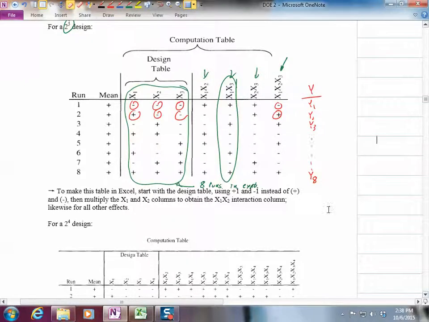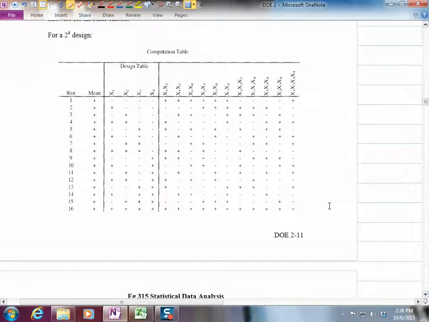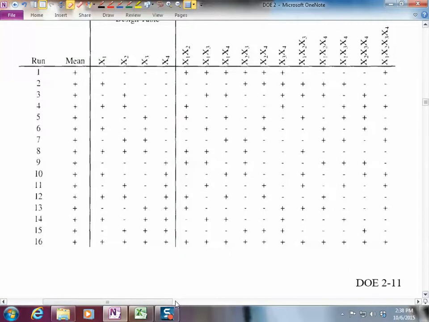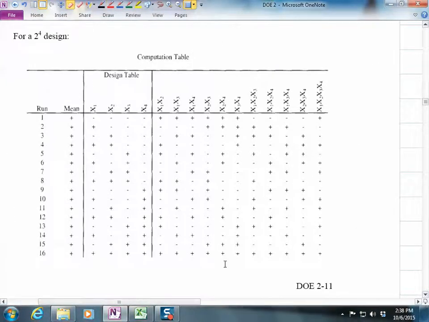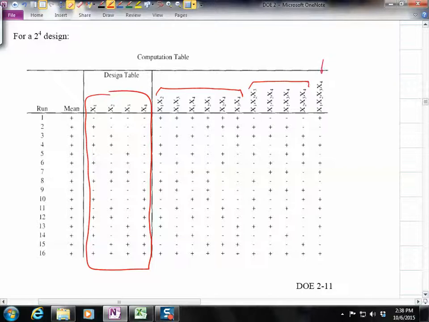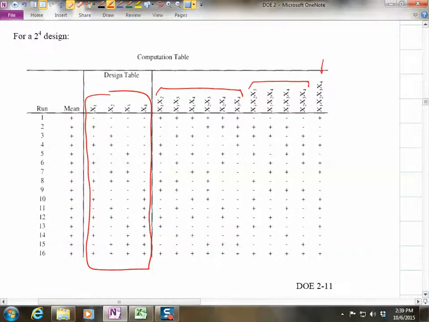And we can go even further, a 2 to the 4th design. Now things get a little bit more fun. Here are the experiments we did. Here are all possible 2-way interactions, 3-way interactions, and 1 4-way interaction. When you get to the 2 to the 5th design, it can be hard to keep track of all the interactions.